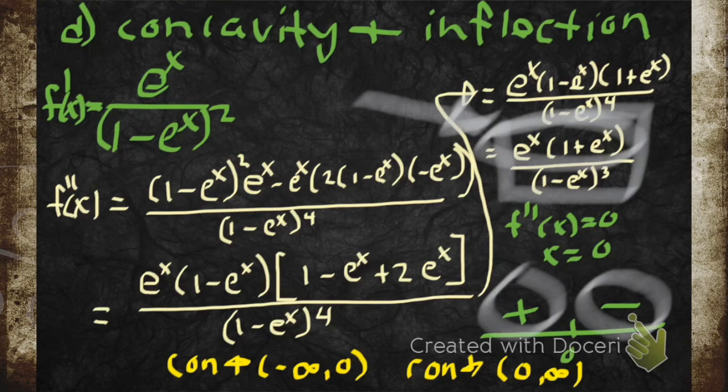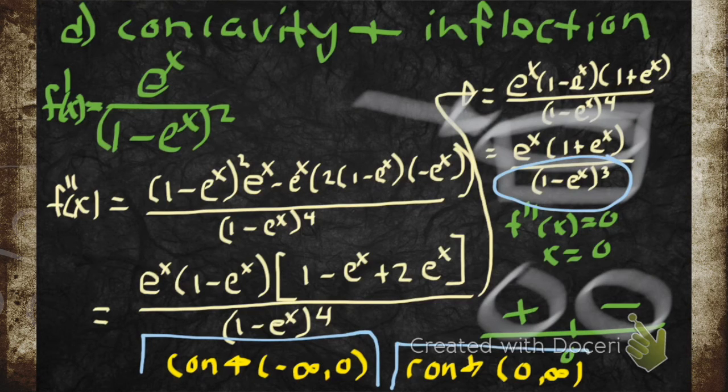Why? Because this denominator down here is the only one we're concerned about. And when x is big, e to the x is bigger than 1, making that denominator negative. And in summary, our concavity, we're concave up when the derivative is positive, we're concave down when the derivative is negative.